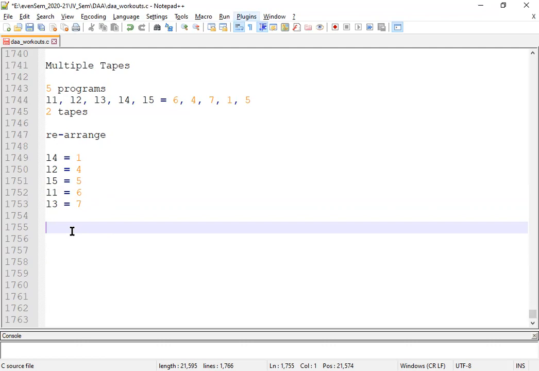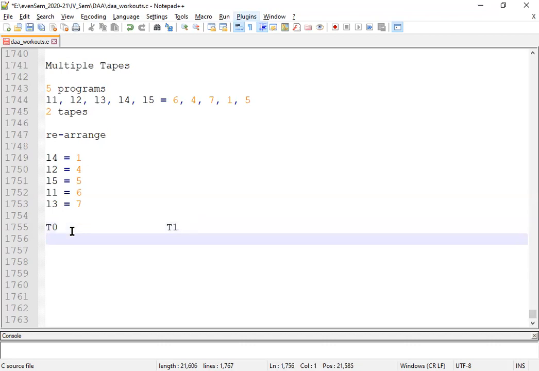Now we have 2 tapes. I can call the first tape T0 and the second tape T1. How are we going to store them? On T0, we store the first program, that is, whatever program we get first after rearranging.